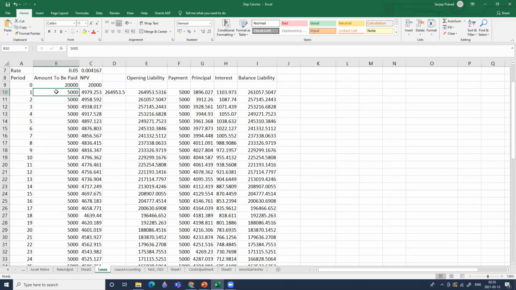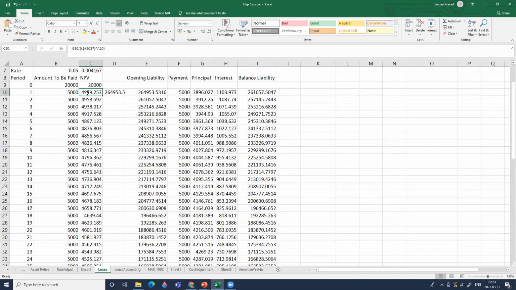If my cost of capital is 5% per annum, the monthly interest rate is 5% divided by 12. If I have to pay 5,000 rupees after a month, what is the present value? That is called the net present value of that cash outflow at the moment.